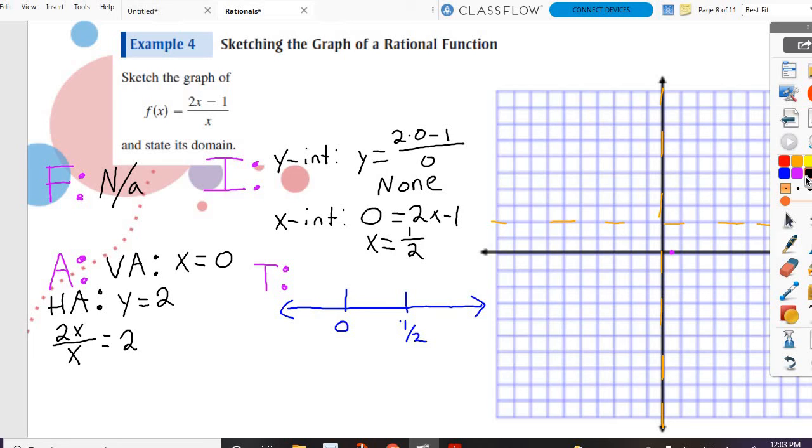So then basically from there, we need to pick a number that is in between each of those spots. So something that's to the left of 0, something that's in between 0 and 1/2, and then something that's bigger than 1/2. So what's something that's to the left of 0? -1. So then we're going to take that and plug it back into our function, and what do we get? Do we agree? 3?